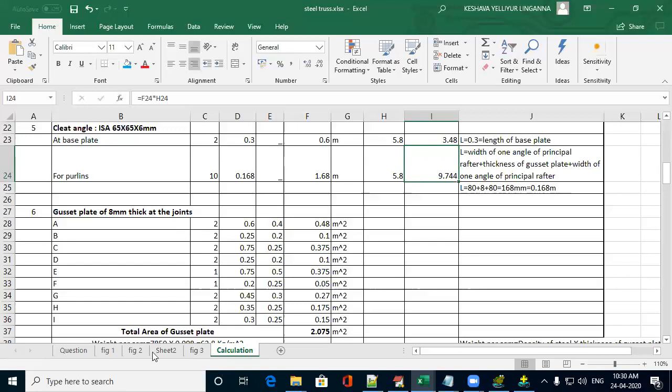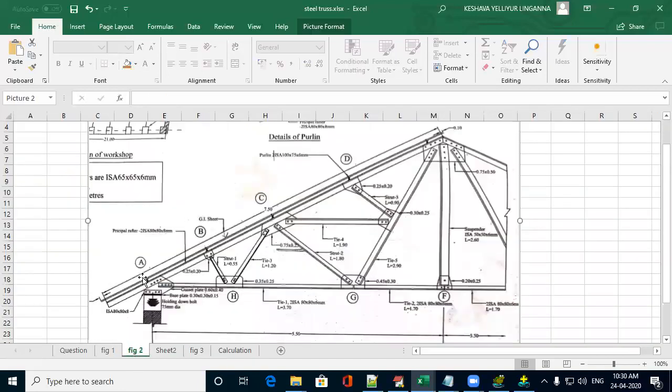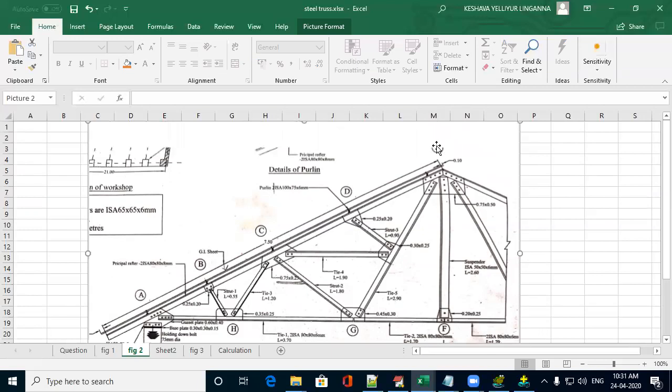You can see from the diagram, for the single truss, this is only half portion. For one truss, there will be 2A gusset plate, 2B gusset plate, 2C, D, E will be this. You can see this is E, F, G, H, and this is I. This will be I.